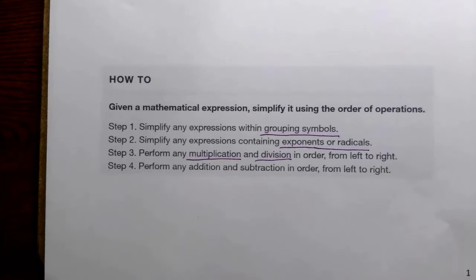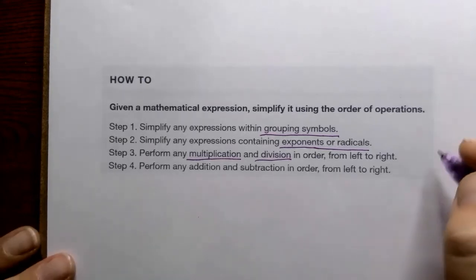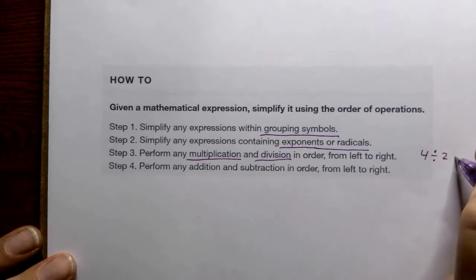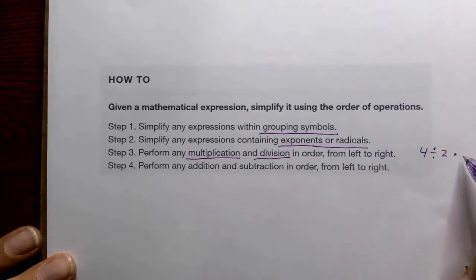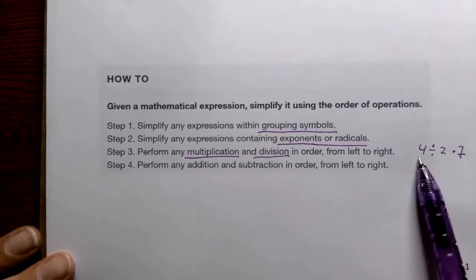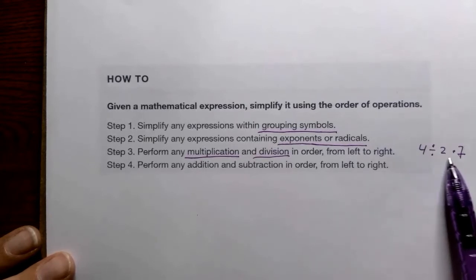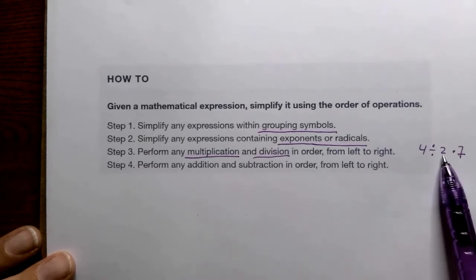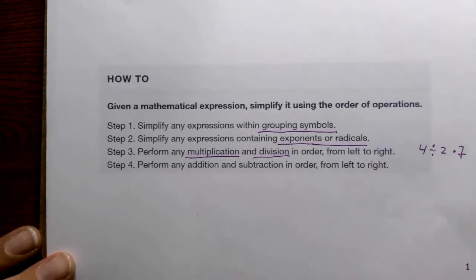If you see them in the same expression, you do them from left to right. So for example, if you have 4 divided by 2 multiplied by 7, then you don't multiply first, then divide. You do them as they come from left to right. So first you divide 4 by 2, that's 2, and then multiply by 7.